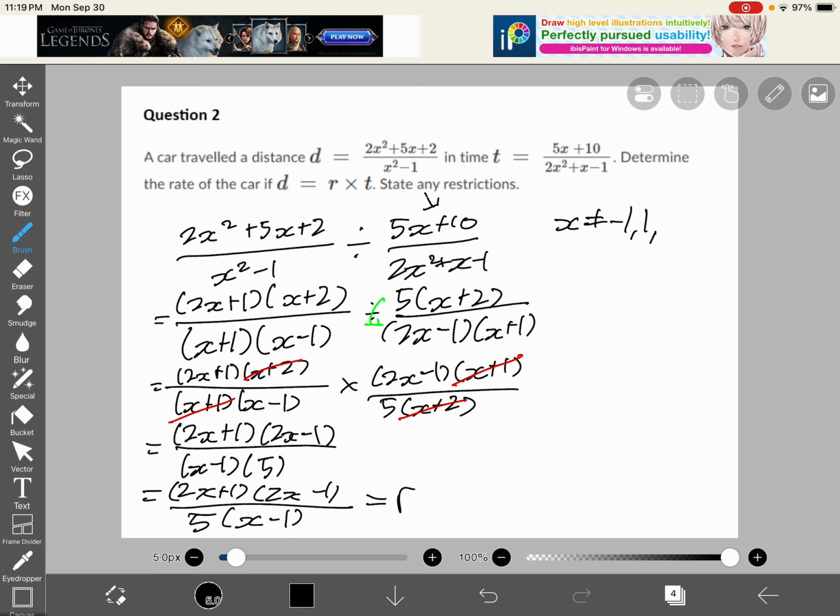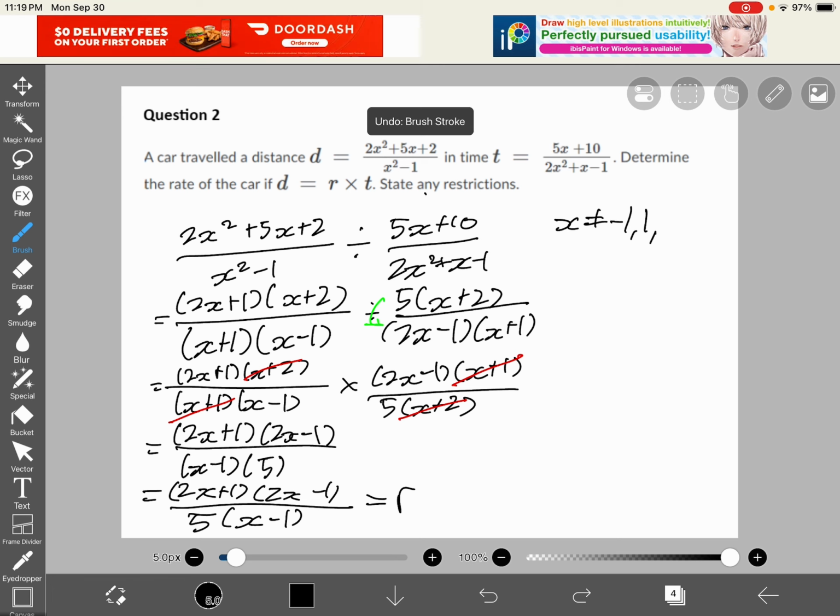So 10, 5. If we just take it from here, we could actually just take it from here because it was flipped. So it would become like 10 over 5, but then you can further simplify that into 2 over 1. Is that right?